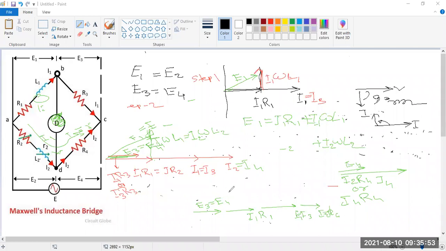So one by one, if I do this, this is the omega L1, and this is E. Okay, this all meets over here.